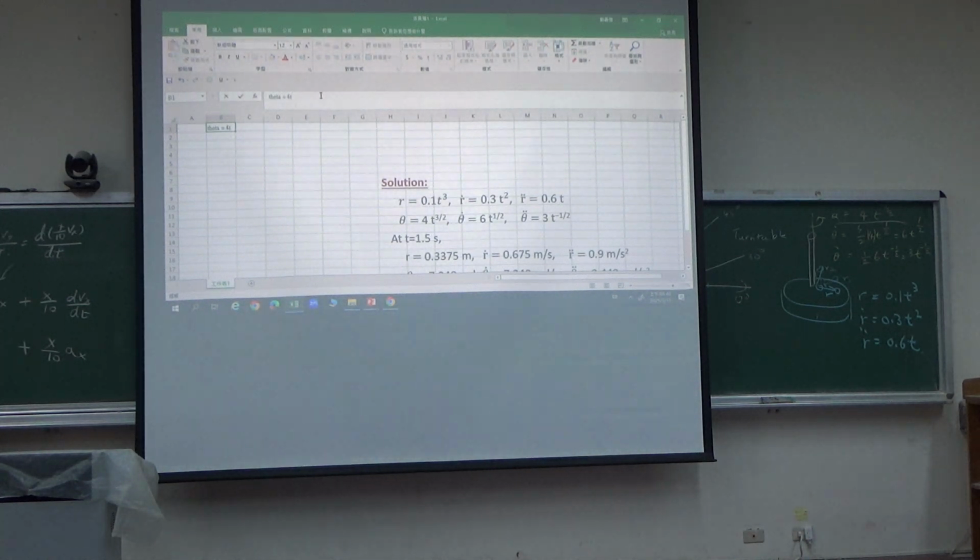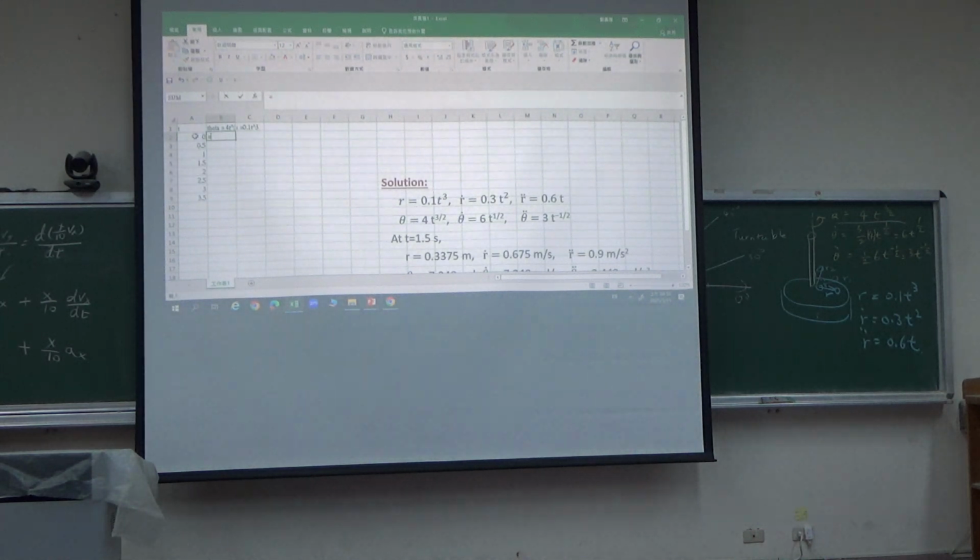This theta is 4t to the power of 3 over 2. This is your r, equal to 0.1 times t to the power of 3. Then this is your t, starting from 0. That's 0.5. Okay, I can do the time stepping. And then what's the value here?